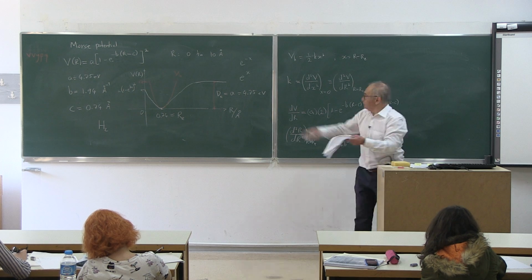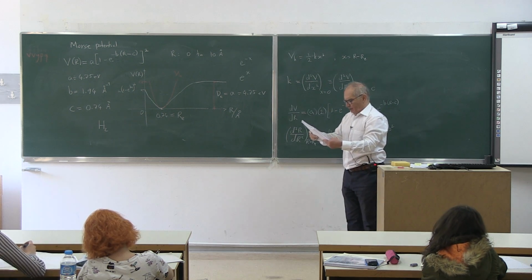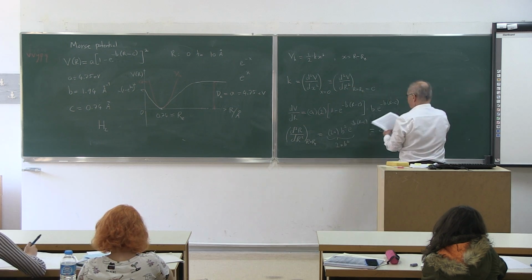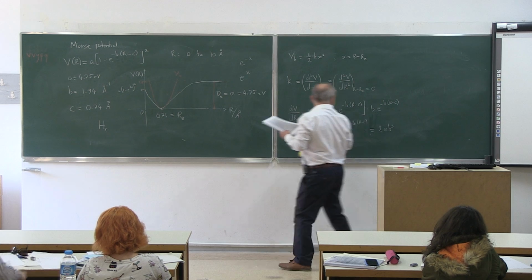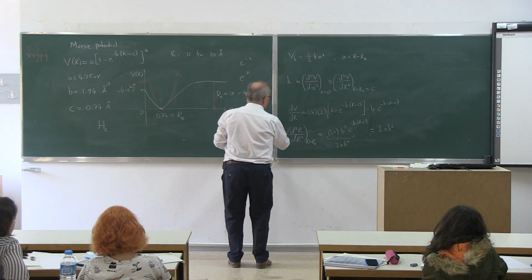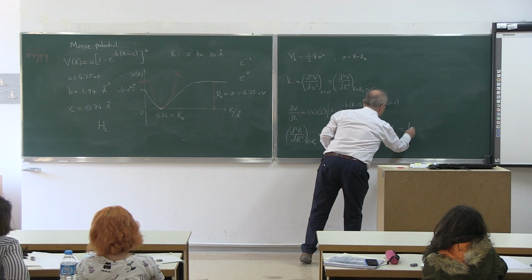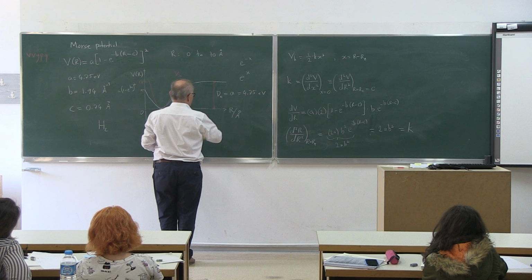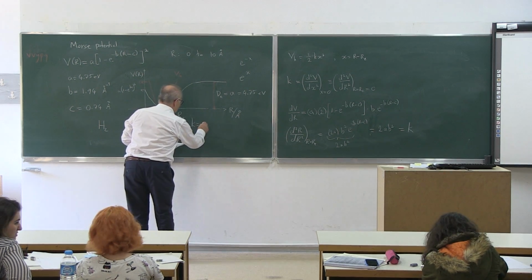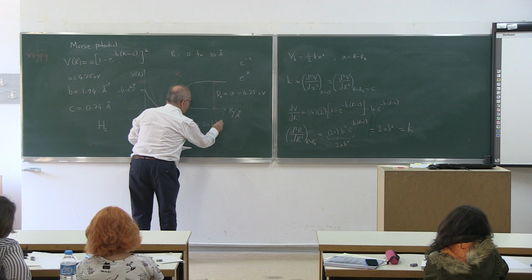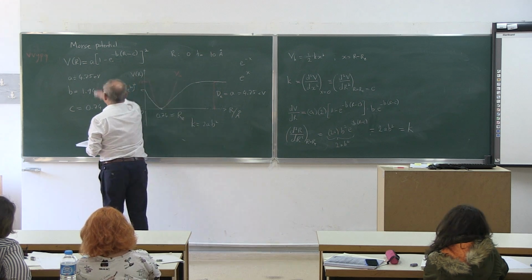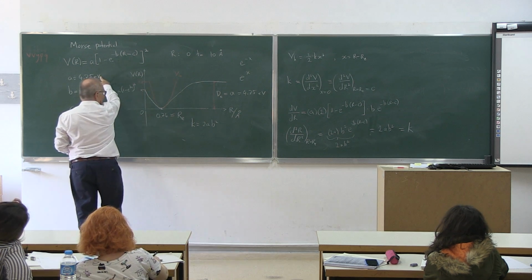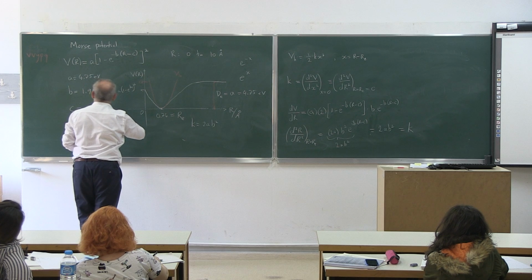Now, what is the numerical value? We just put the numbers. K is equal to 2 times A, and A is 4.75 electron volt.